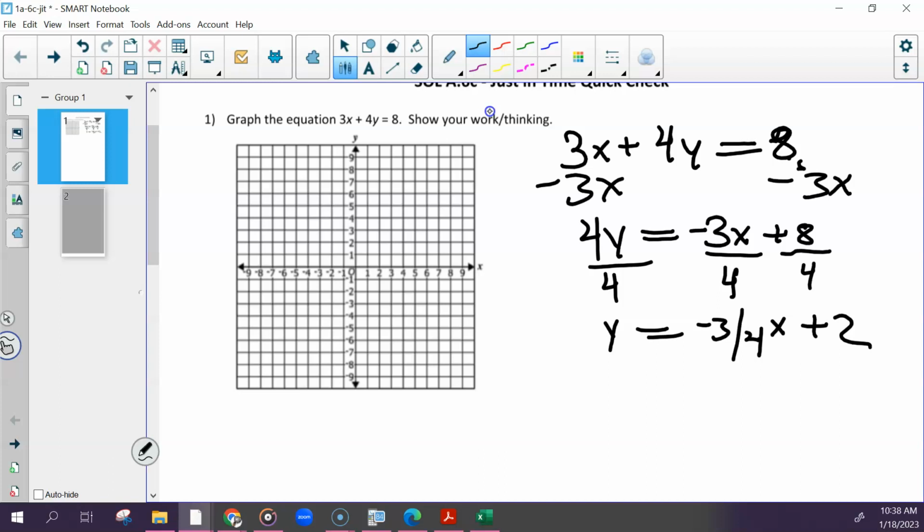Anyone want to graph this? Alex. So you can use that equation.